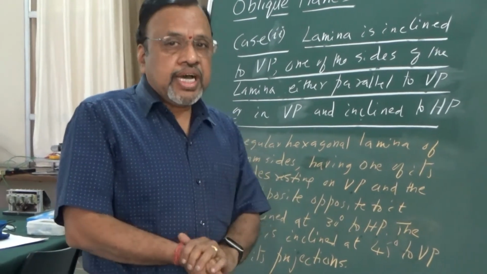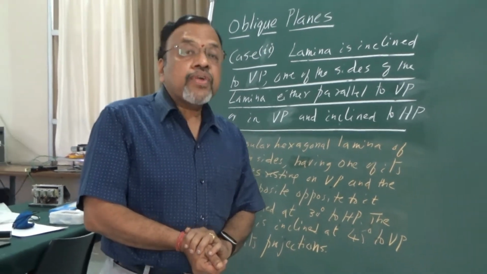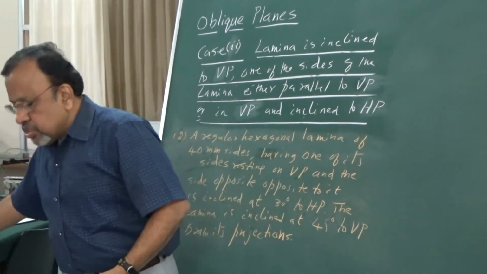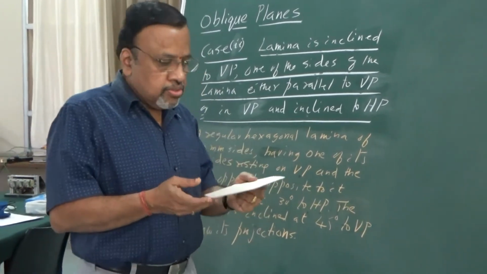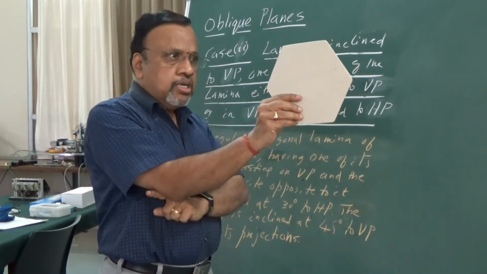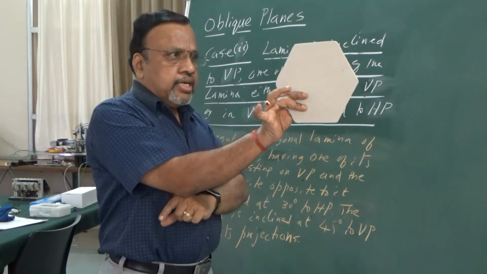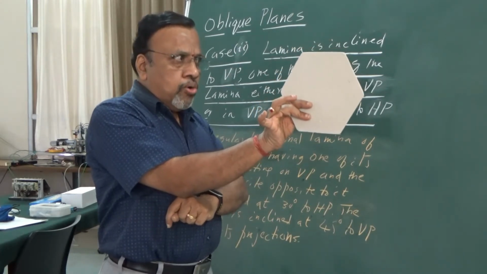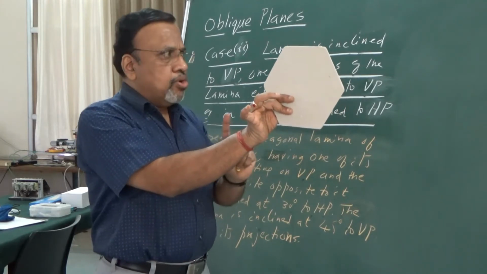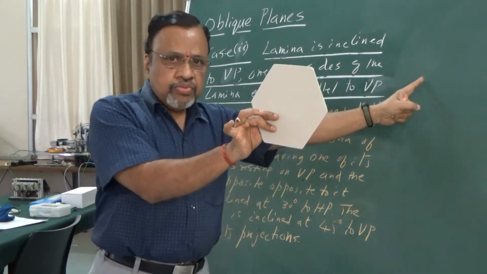The true shape and size will be seen in the front view, so I need to start from the front view. Let us demonstrate with this hexagonal lamina. I have indicated that this lamina is now parallel to VP and perpendicular to HP. In this problem we need to start from the front view.